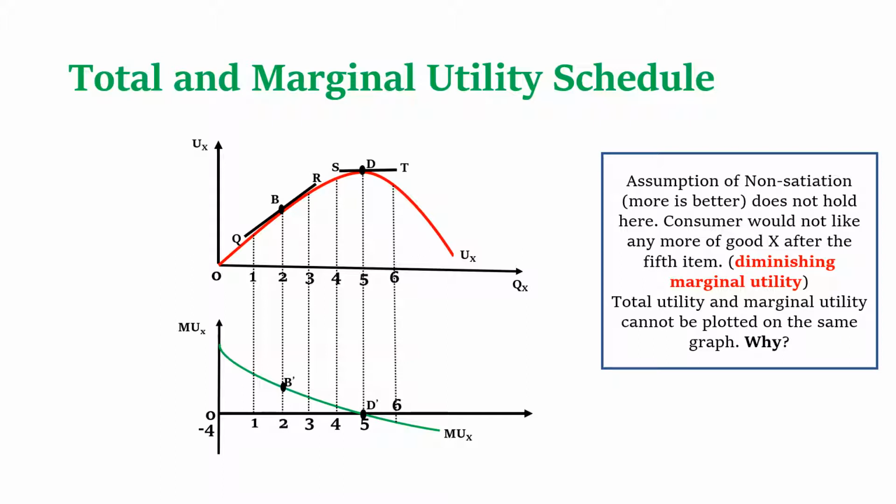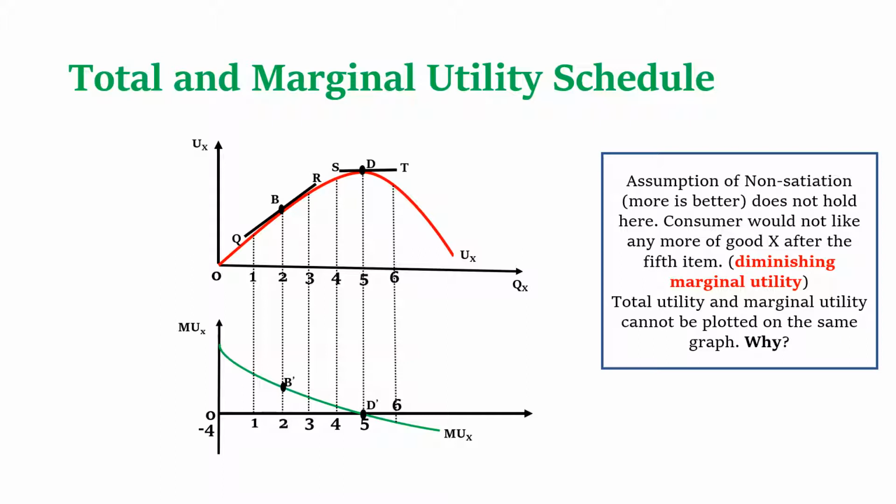And the line QR measures the slope of the total utility function at point B. At point B, the corresponding marginal utility is B prime on the marginal utility curve. Then point D corresponds to point D prime on the marginal utility curve.